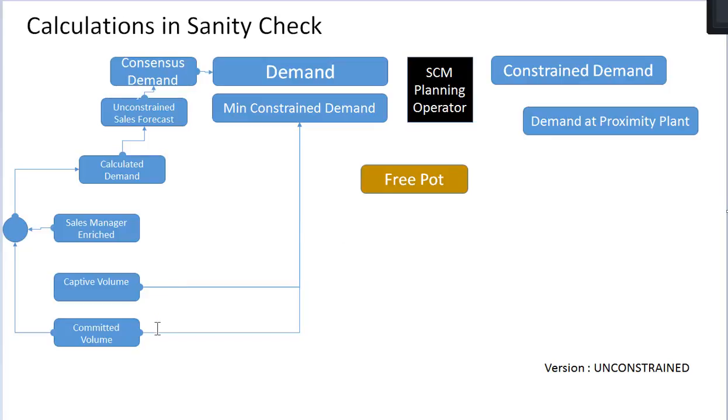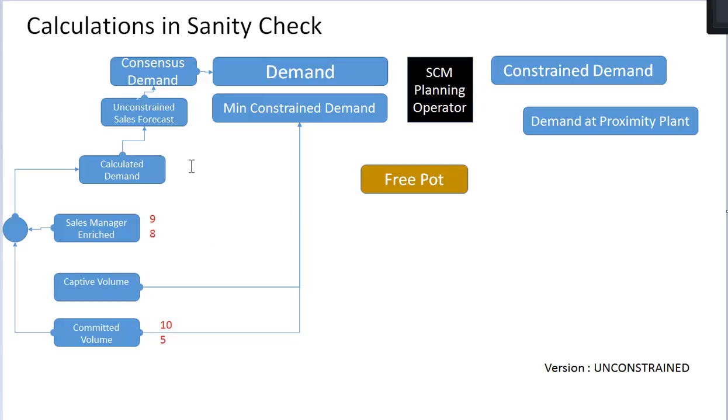First, the committed volume is entered. As we have seen, also the values for the enrichment are going to be entered in the system.